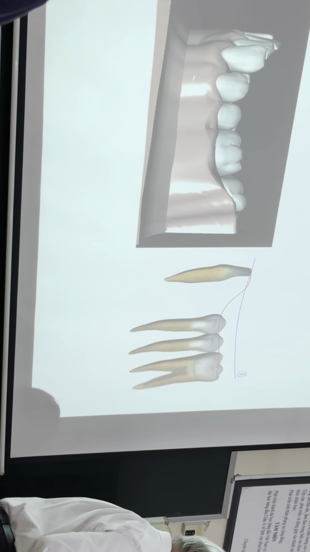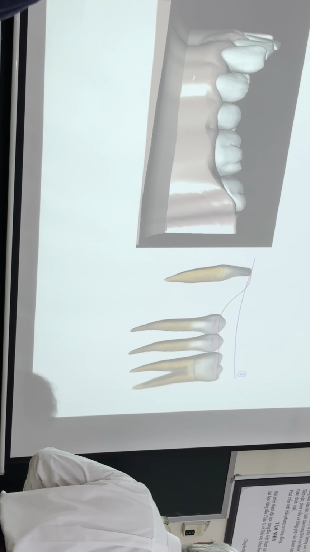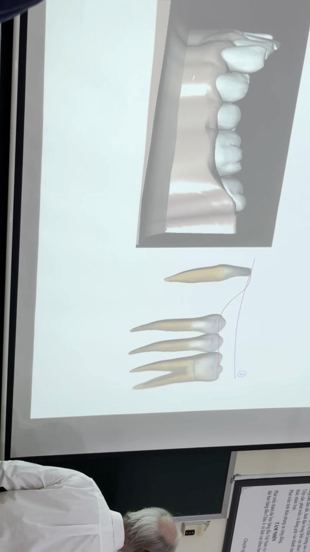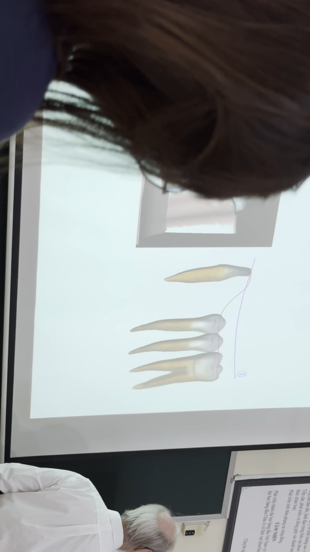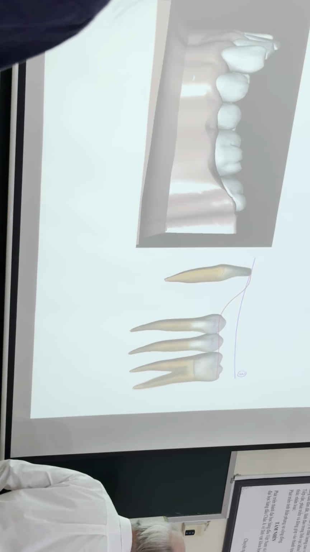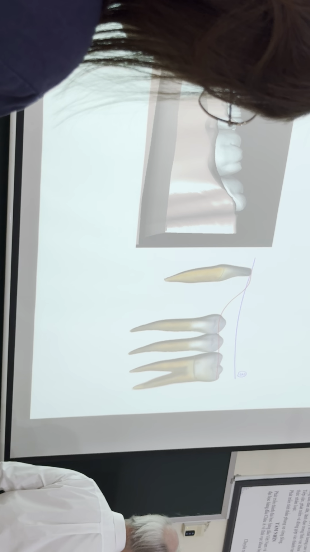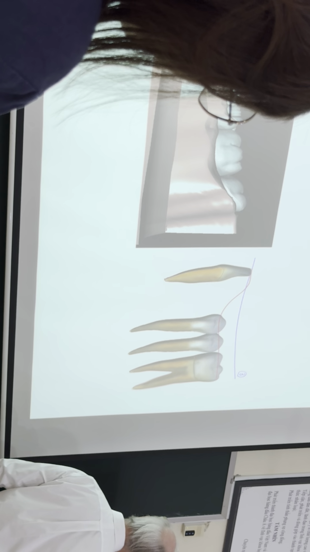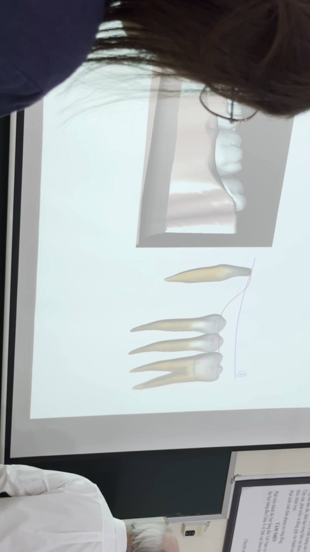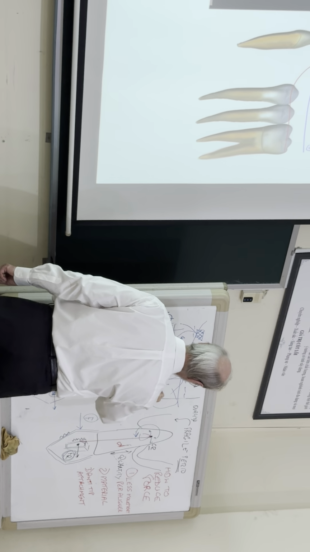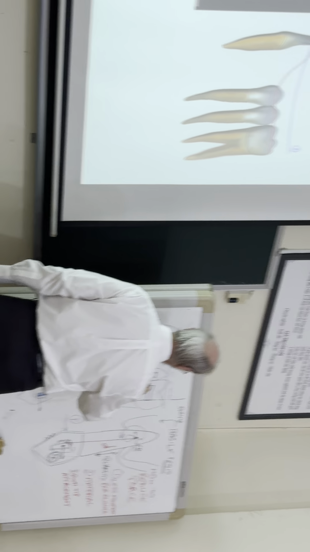Okay, that's the last slide, by the way. Or you can put a bite ramp here, from John Morton or your own bite ramp, to disclude these teeth. So these teeth are in the air. Put an intrusion force on this tooth. It's going to come down, maybe rotate a little bit. And this tooth has a good attachment like this, and we'll talk about attachments tomorrow or later on today if we have time.